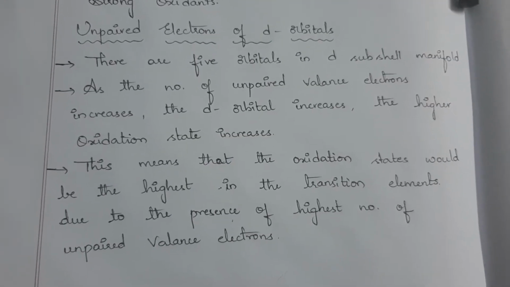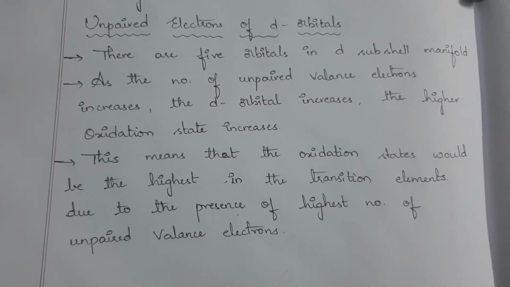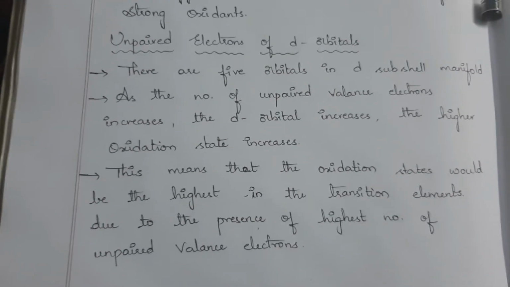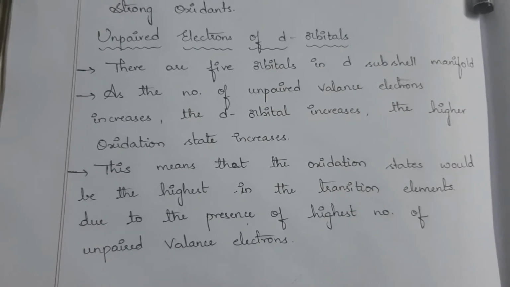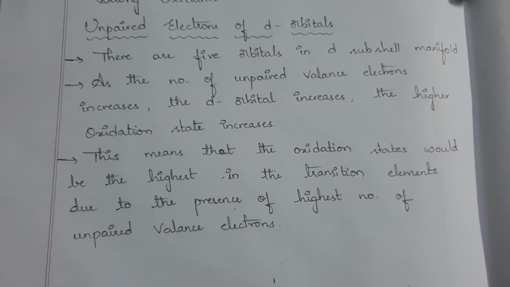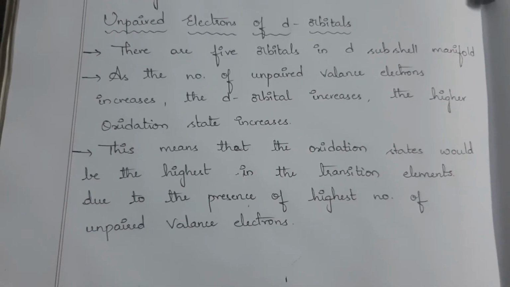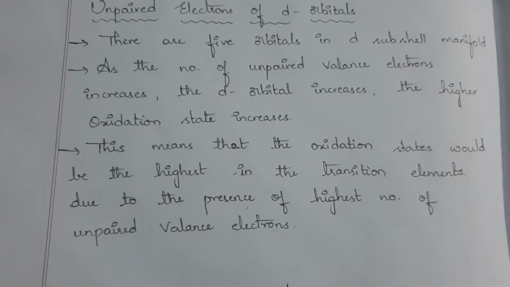This is because the unpaired valency electrons are unstable and eager to bond with other chemical species. This means the oxidation states would be the highest in the transition elements due to the presence of the highest number of unpaired valency electrons.